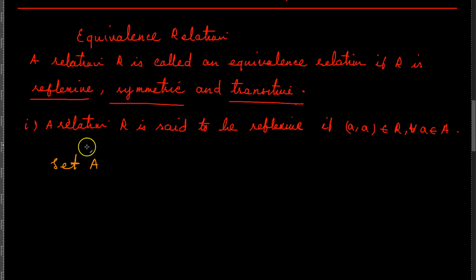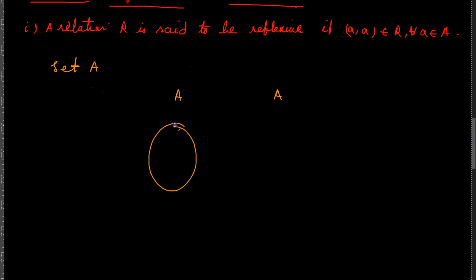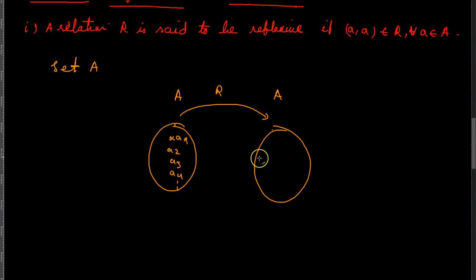When you say that a relation R is said to be reflexive, that means you have your set A here and the set A here, and the relation R goes from A to A. So you have, for example, a1, a2, a3, a4, and so on here, and the same elements a1, a2, a3, a4, and so on here.